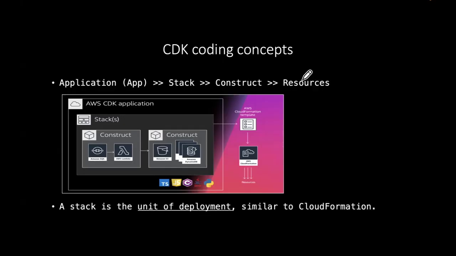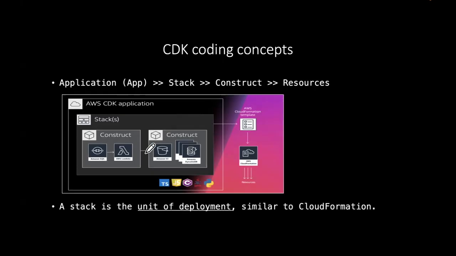A resource is a single piece of infrastructure. So a resource might be a single S3 bucket, a single EC2 instance, a single IAM policy, a single security group, and so on and so forth. But a construct would create perhaps a number of resources typically.